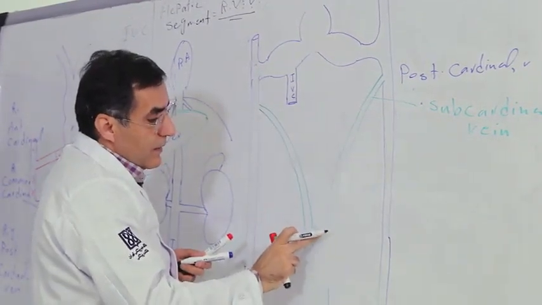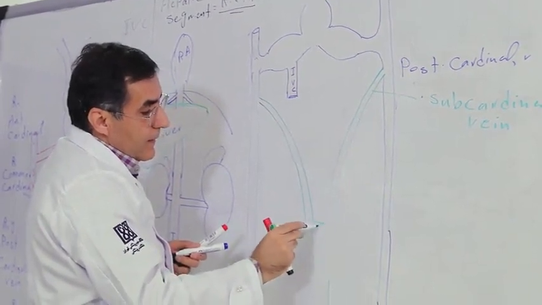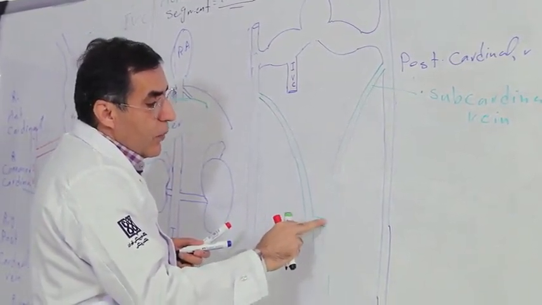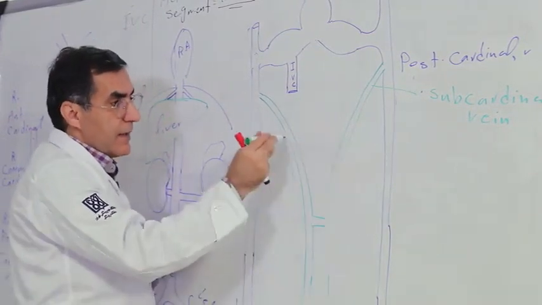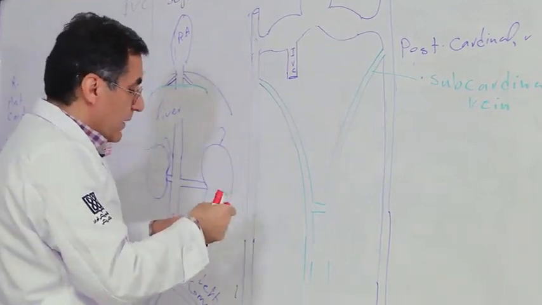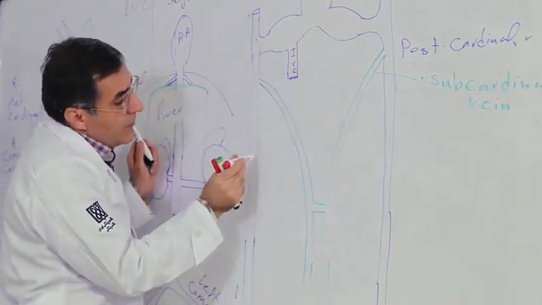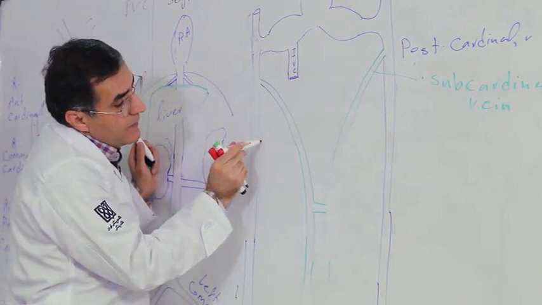Here we again have an anastomosing or communicating vein between them, right and left subcardinal, and at the same time new veins form here.